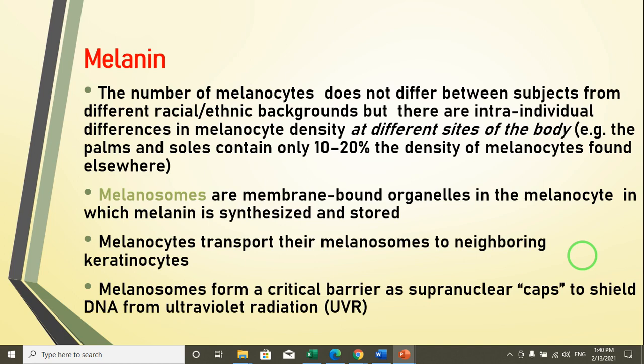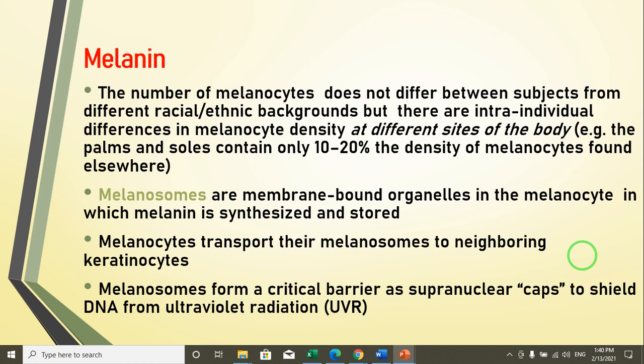In addition to the role of melanin as a pigment, it also has a protective role because of its position above the nucleus. It forms a cap to protect or shield the DNA from UV radiation.